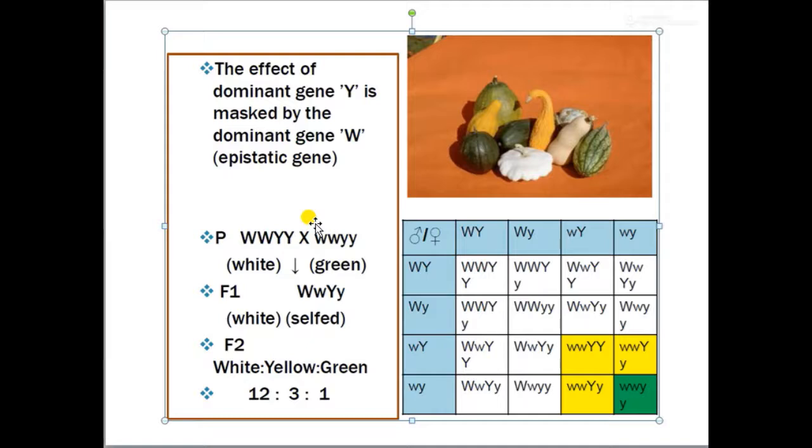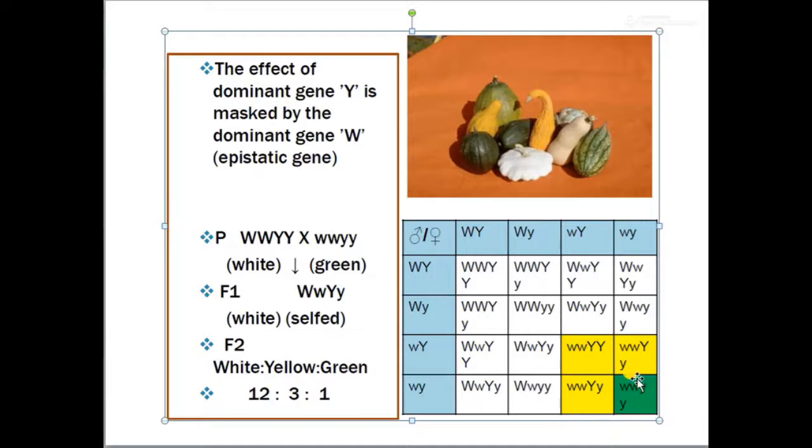You know what is the difference between epistatic gene and hypostatic gene? The one which influences the expression is referred to as the epistatic gene, and the one which gets inhibited is referred to as a hypostatic gene.